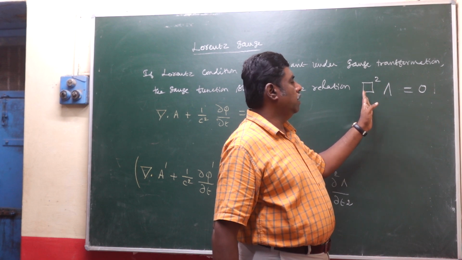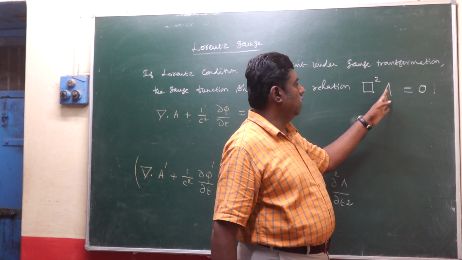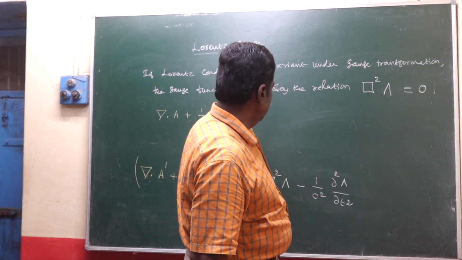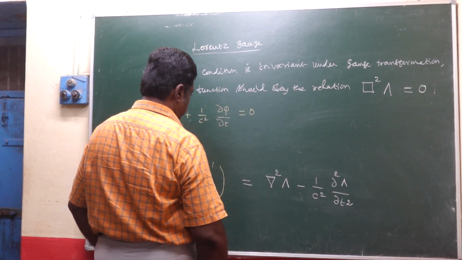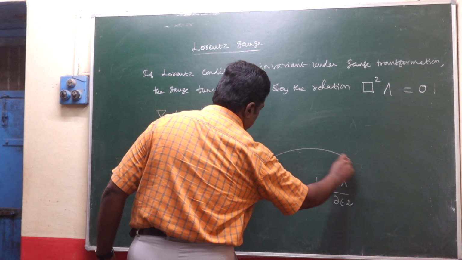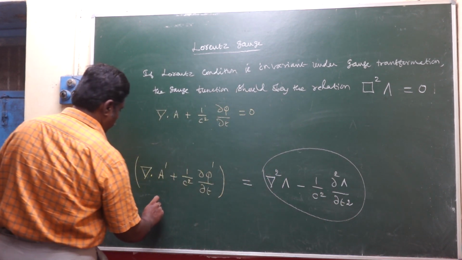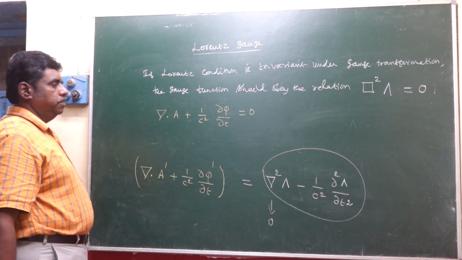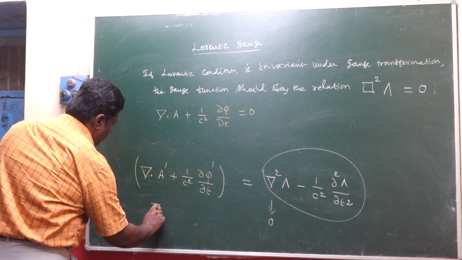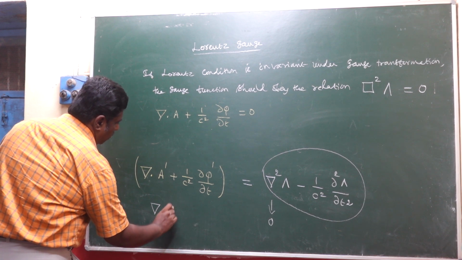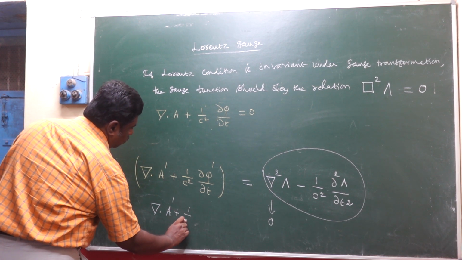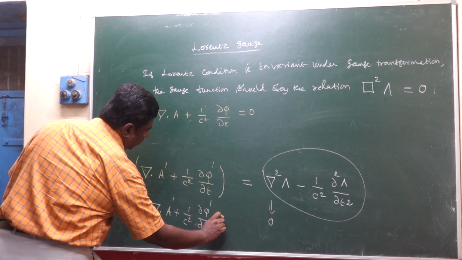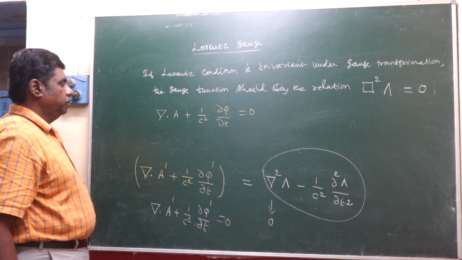That means when the D'Alembertian operator operates on lambda, the right hand side should be 0. Therefore, in the above relation, if this term is 0, then del dot A dash plus 1 by c square dou phi dash by dou t equal to 0.